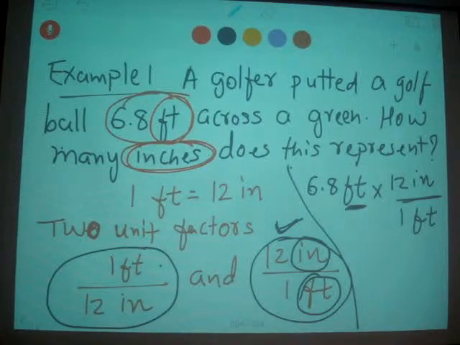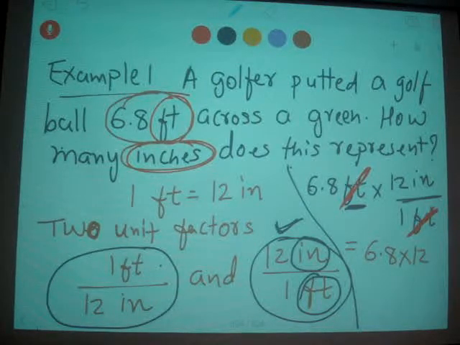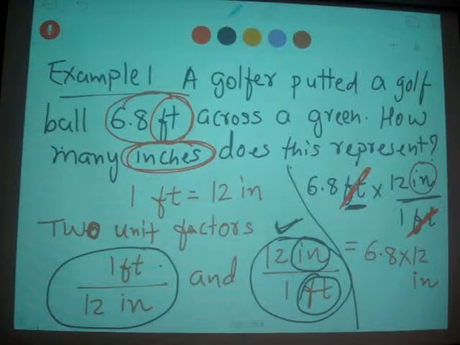Now when you do that, remember why we select it? We want to cancel it, and then we will do the mathematical operation. 6.8 times 12, and remember, the unit we want is inches, and that's what we have on the top. So that's where you can calculate and convert into inches.